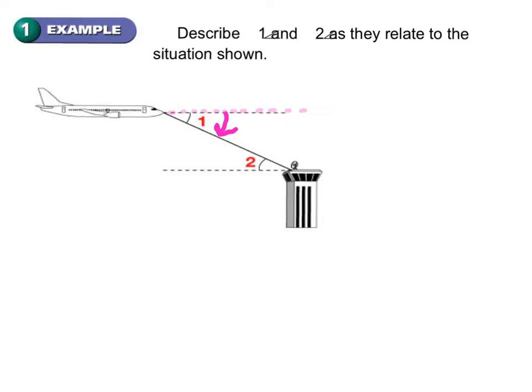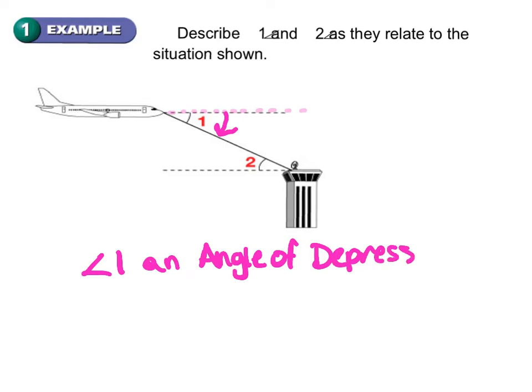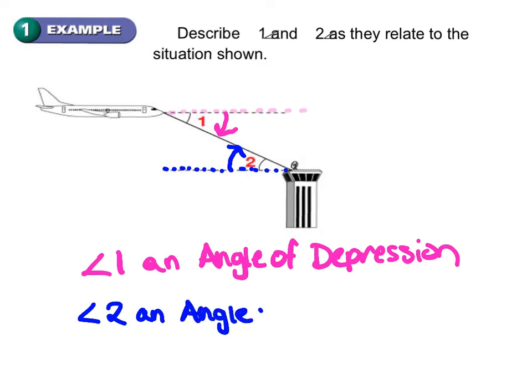Since angle 1 is looking down, this makes angle 1 an angle of depression. Versus if we look at number 2, from the horizontal line, the individual is looking up at the line of sight. So angle 2 is an angle of elevation.